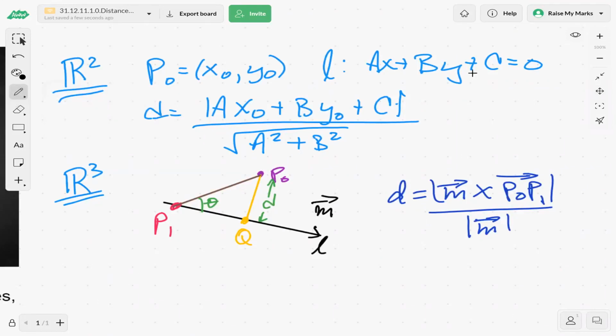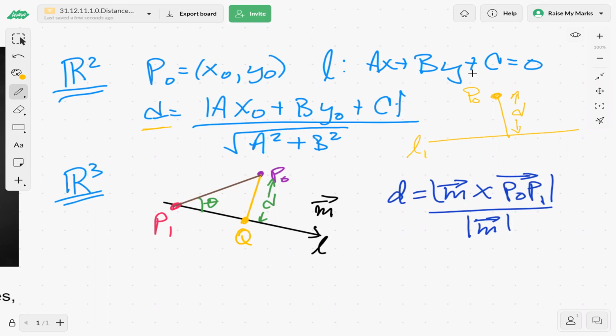If we have a point P0 = (x0, y0) in R2, and a line ax + by + c = 0 in R2, then the perpendicular distance from that point to that line is given by this expression: the absolute value of ax0 + by0 + c, divided by the square root of a squared plus b squared.